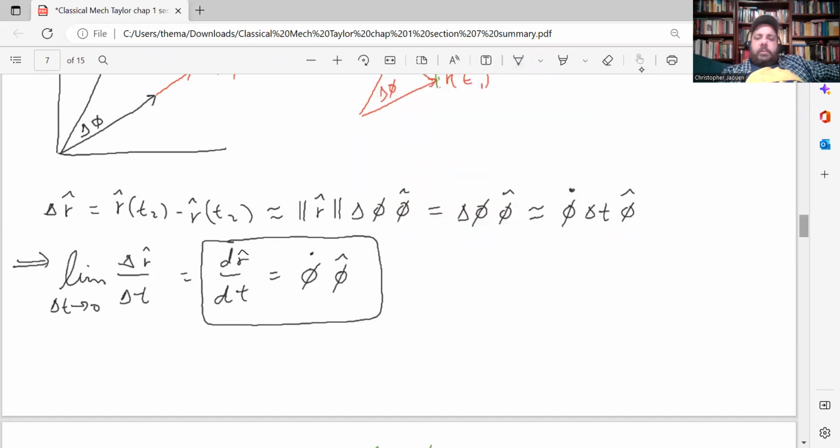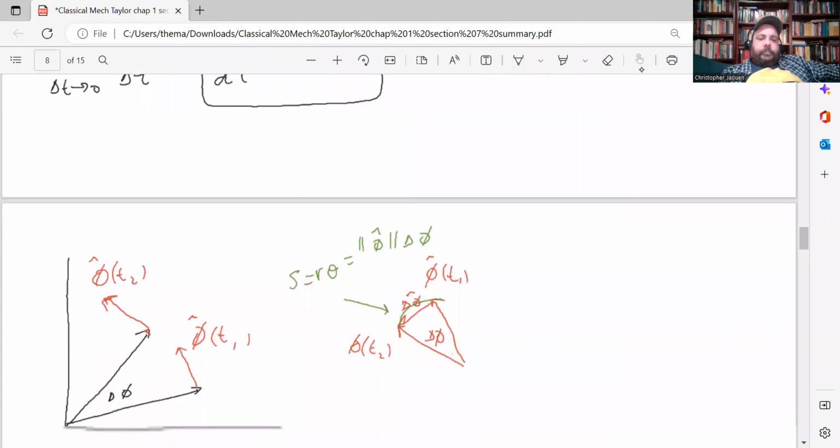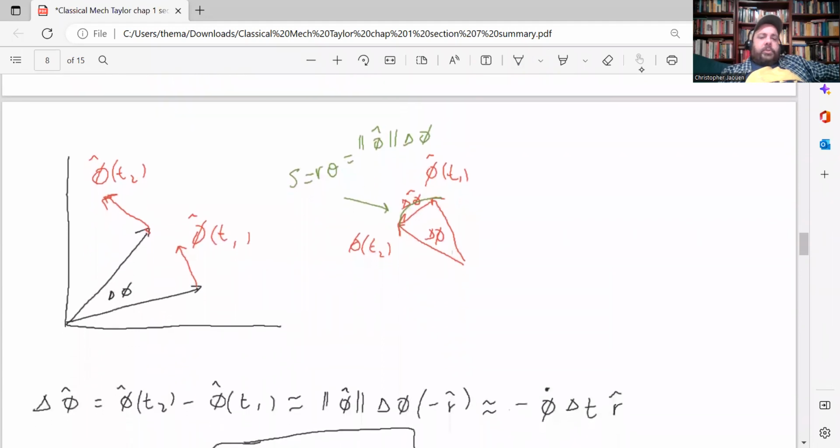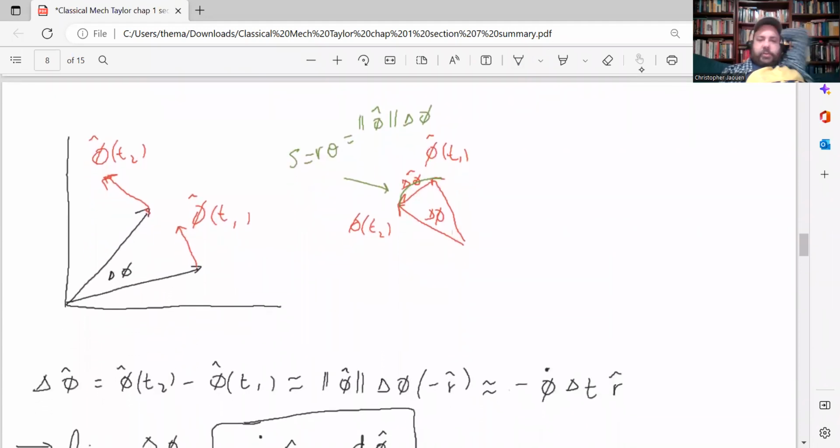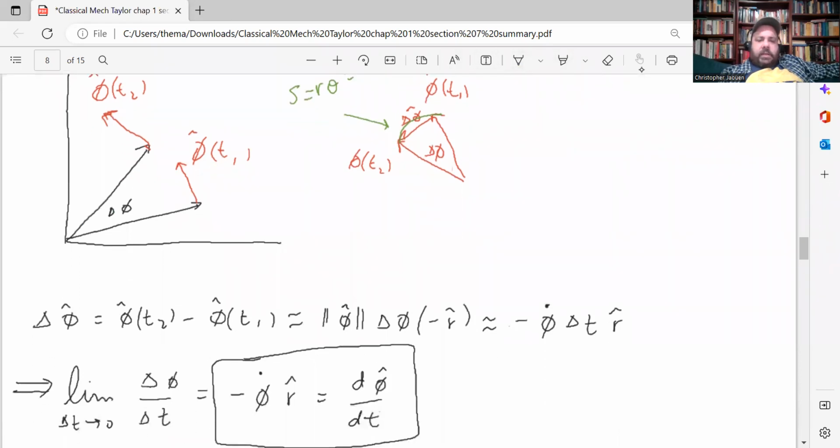All right, let me scroll down. So we can use a similar geometric argument for finding what the time derivative of phi hat is. And actually, I think I forgot phi hat over here as well. This should be phi hat over here.